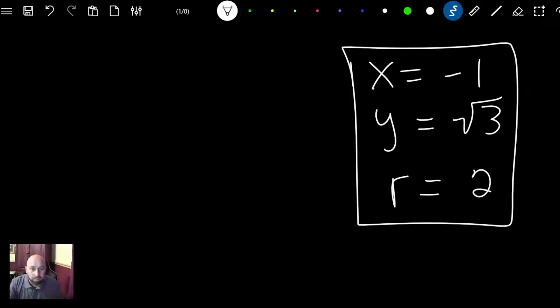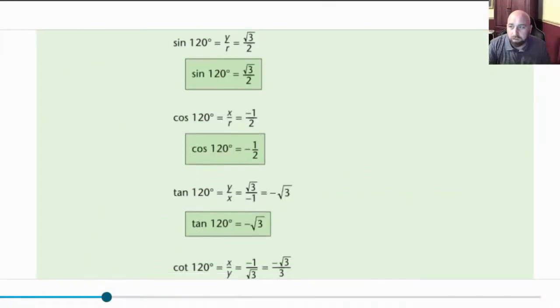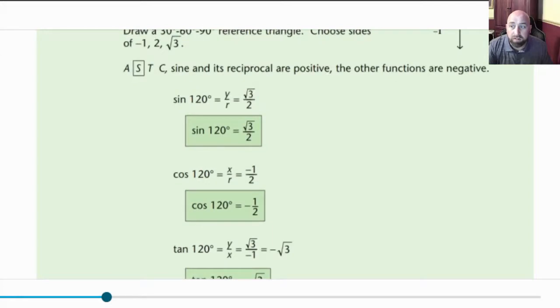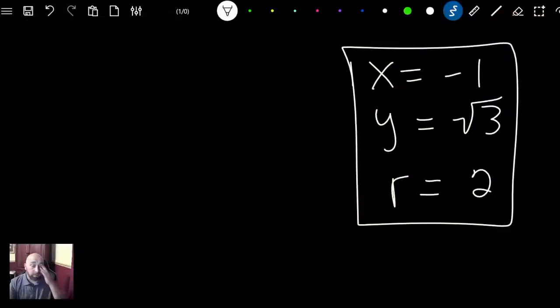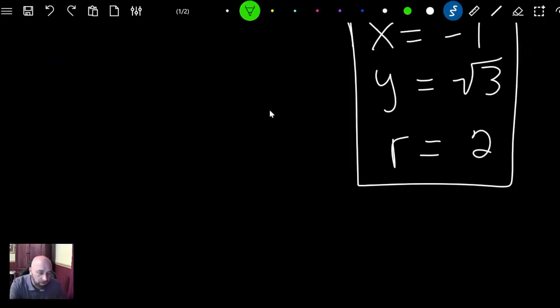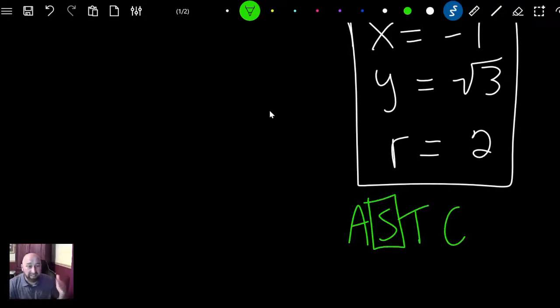So going back over here to the book, we're just going to keep going down through it. Now we go to cosine, and then tangent, and then cotangent. So let me show you the way this all fits together. Let's start with sine. Another thing I want to write here is my all students take calculus, to make sure that I remember we're in the second quadrant.